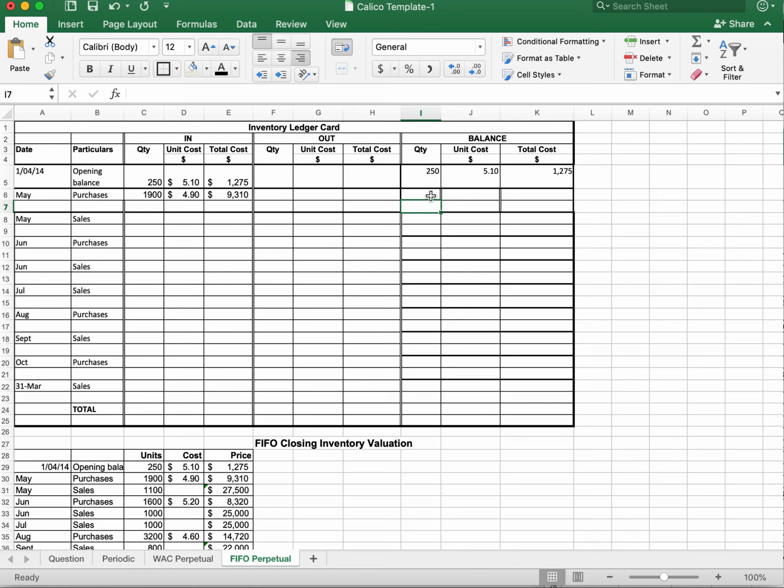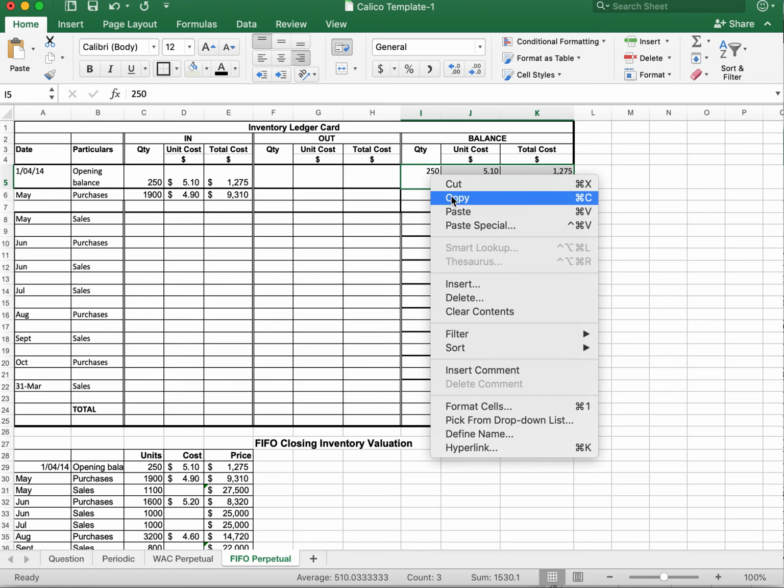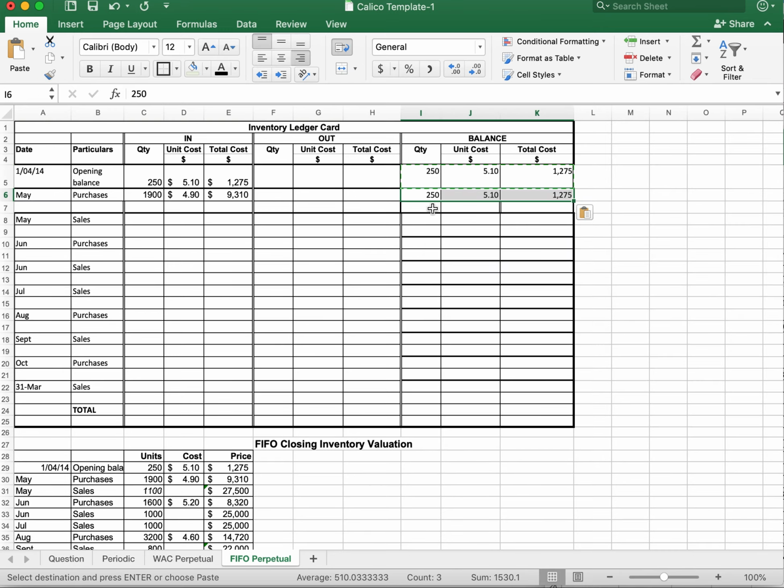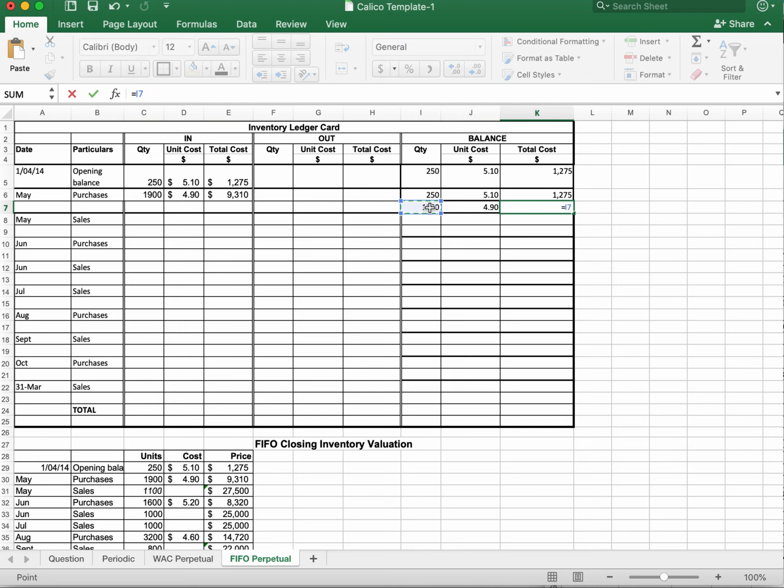We've got the existing, because we haven't sold any of it, we've still got it, plus we've got another 1900 units, which we've paid $4.90 for, and therefore it's worth that amount. So really this is the stock on hand that we've got.